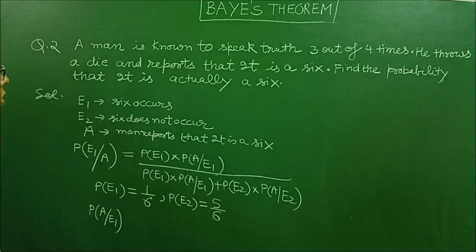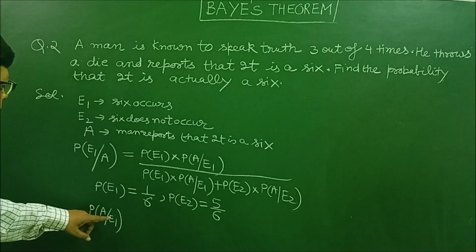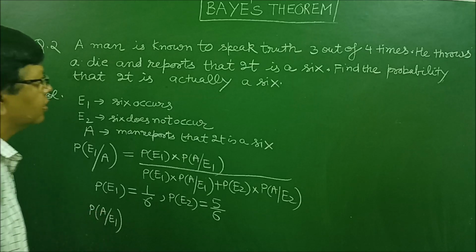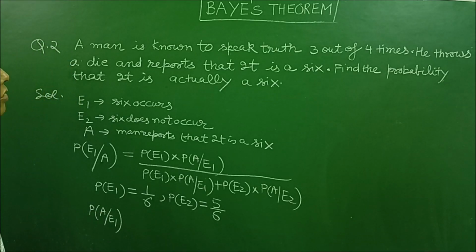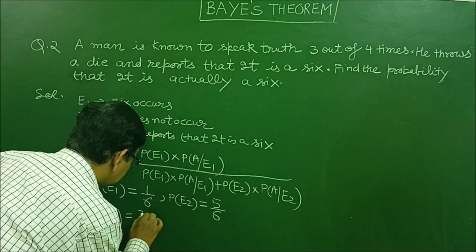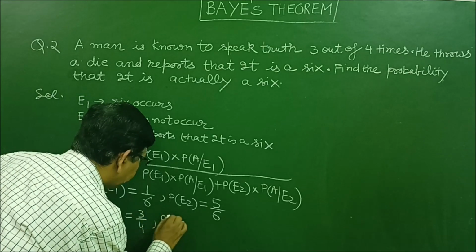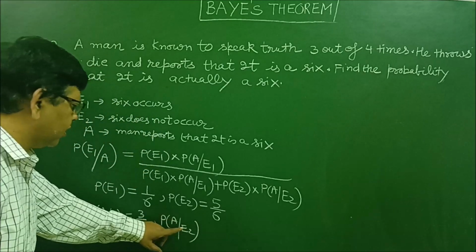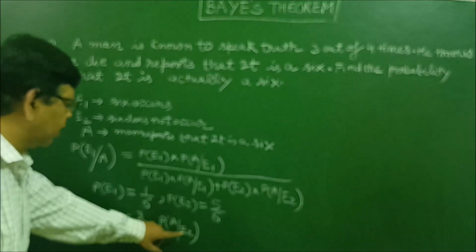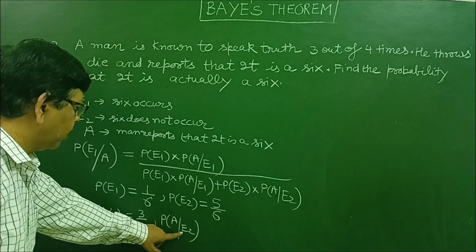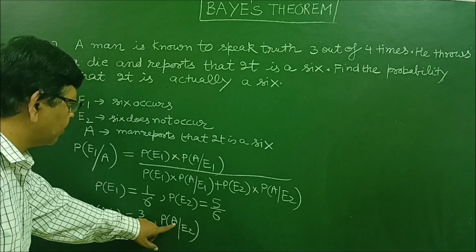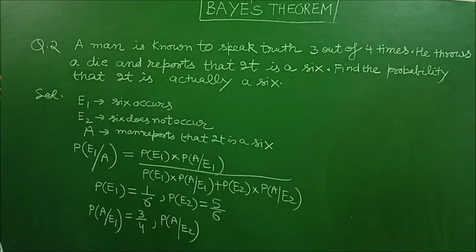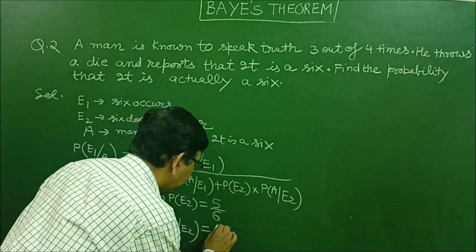So the probability of him speaking the truth is 3 upon 4. And probability of A slash E2, that is 6 does not occur, and man tells that it is a 6. So the chances of this, 3 out of 4 times he speaks truth, means the probability will be equal to 1 by 4.